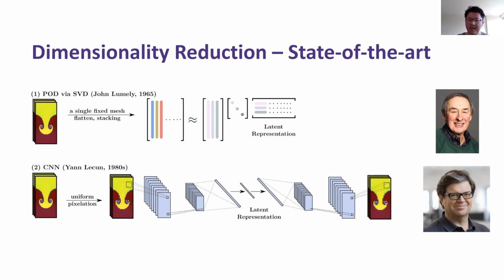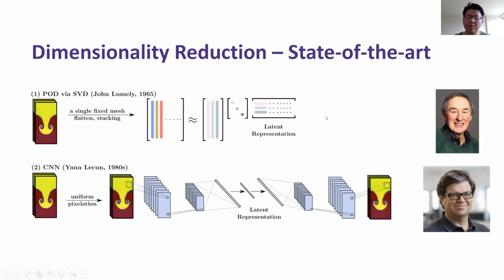corresponding to that big matrix. The V transpose, the third one on the right-hand side, contains the same number of columns as the original matrix, but it has a much smaller number of rows. Remember that the number of rows in the original matrix corresponds to the number of cells in the discretized flow field.